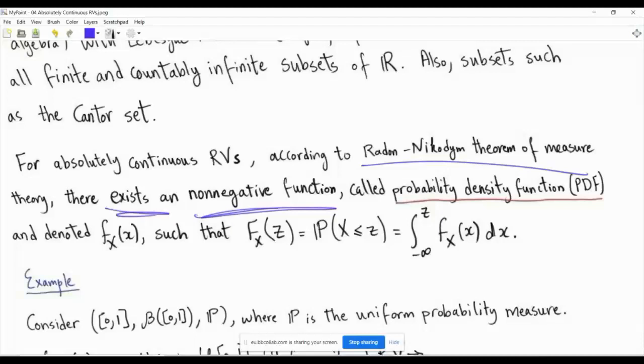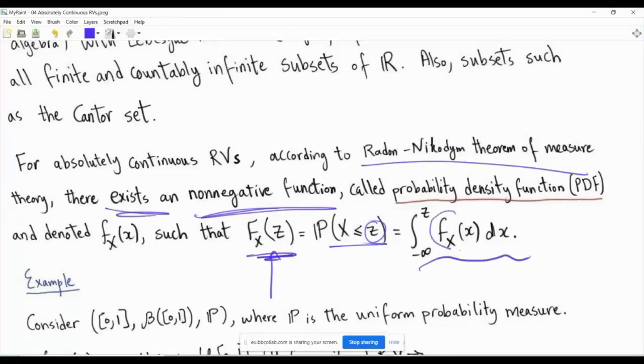So it is a non-negative function. You can always construct this non-negative function, called the probability density function, for those random variables called absolutely continuous, such that you can obtain the CDF, the probability that big X is less than or equal to small z, by integrating the PDF.